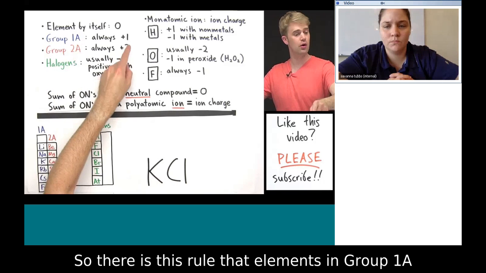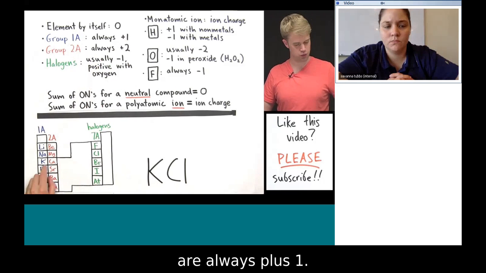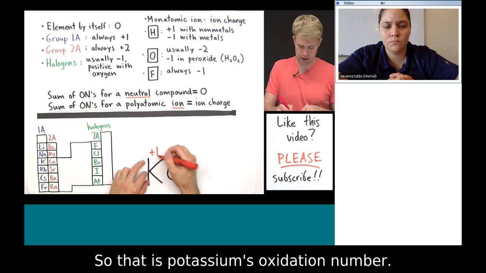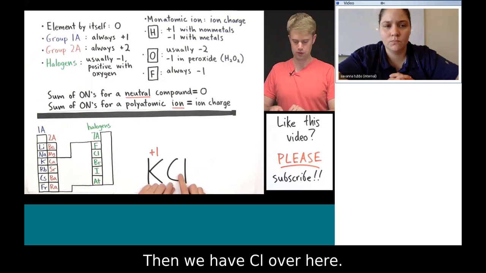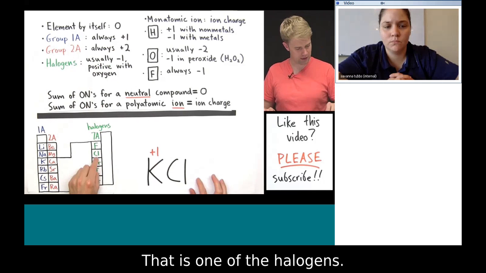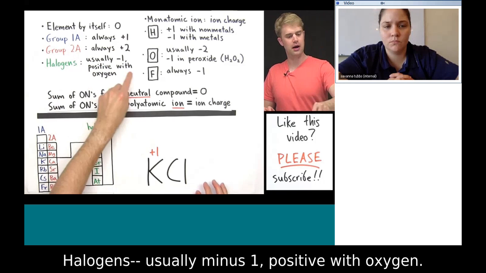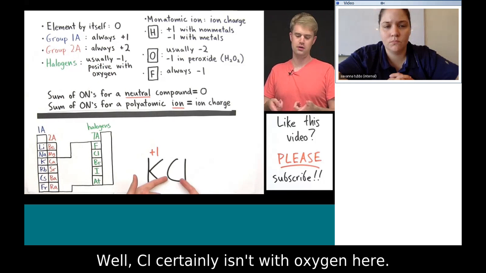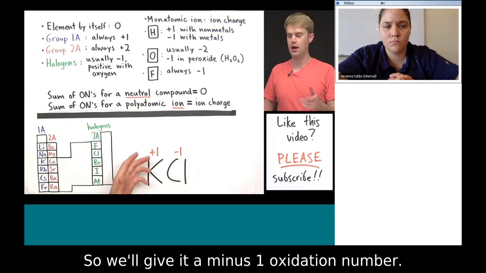So there's this rule that elements in group 1A are always +1. So that is potassium's oxidation number. Then we have Cl over here. That is one of the halogens. Halogens, usually -1, positive with oxygen. Well, Cl certainly isn't with oxygen here, so we'll give it a -1 oxidation number.